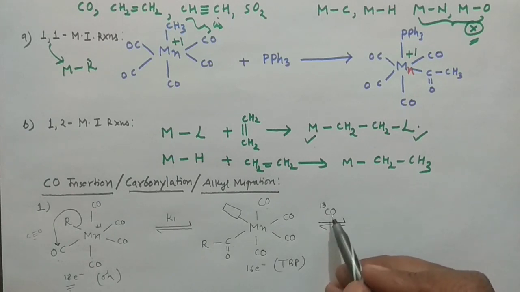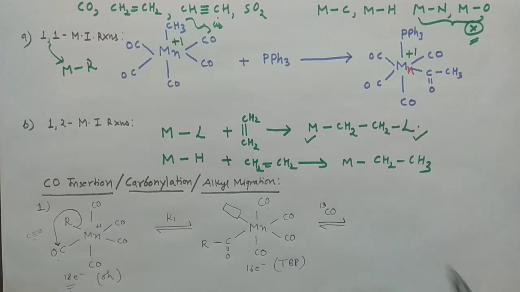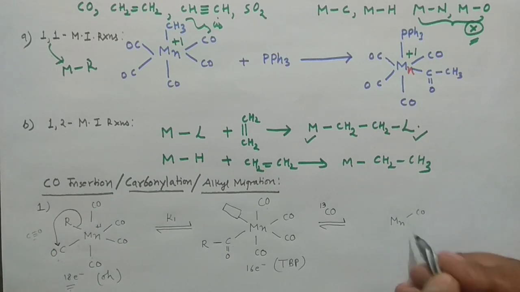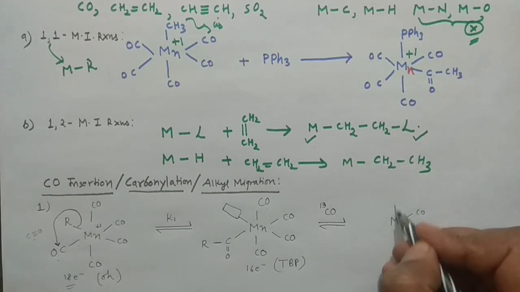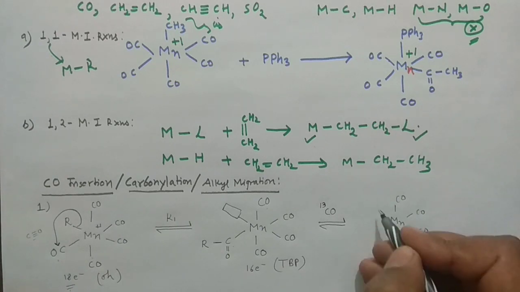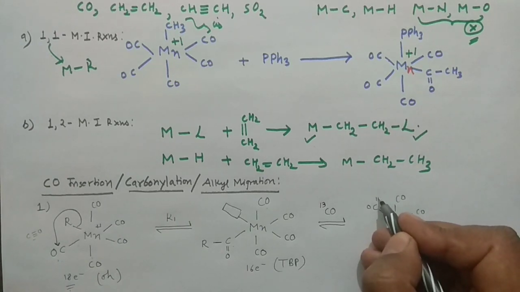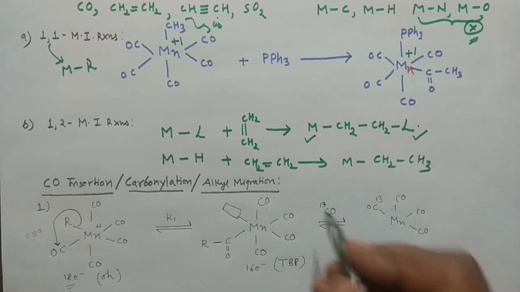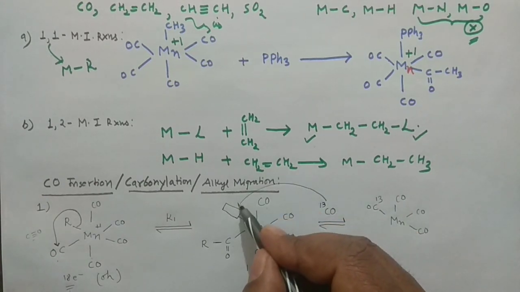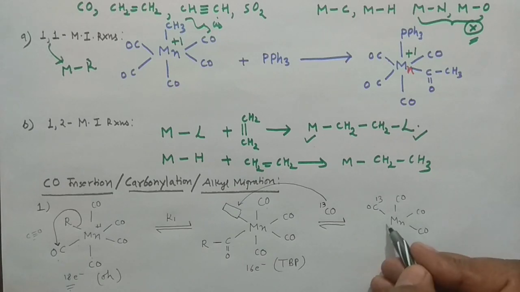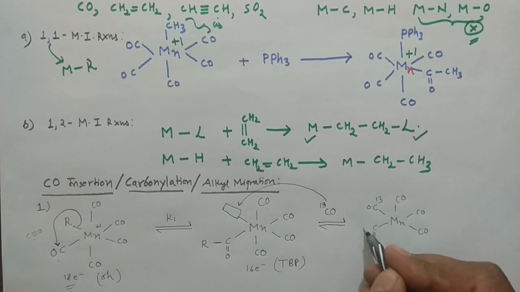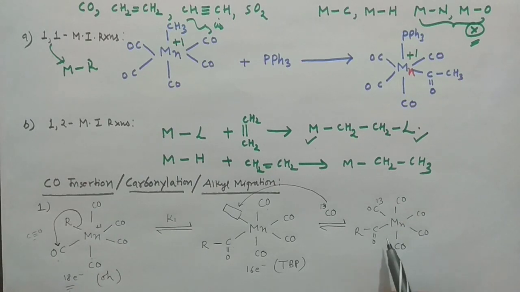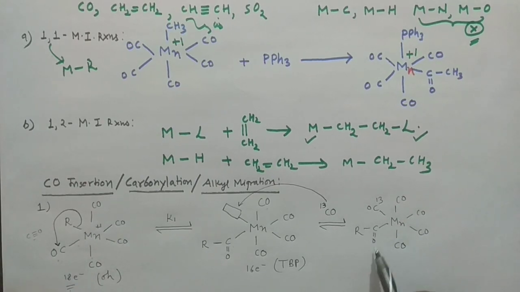When I label this with the C13 isotope, then my product would be just like that: manganese, carbonyl, this is another carbonyl, this is carbonyl, but it is C13 because I have labeled it, and this C13 will actually occupy this particular vacant site. Okay, and this is where C double bond OR, and this is CO.